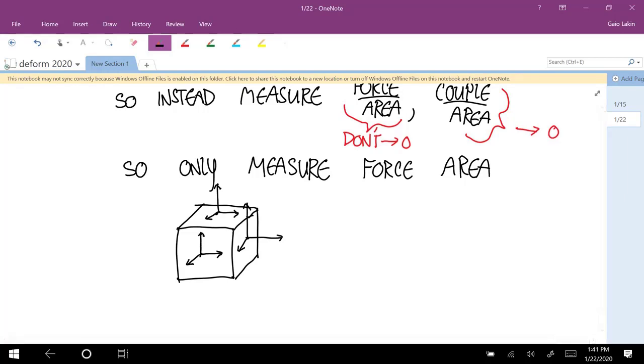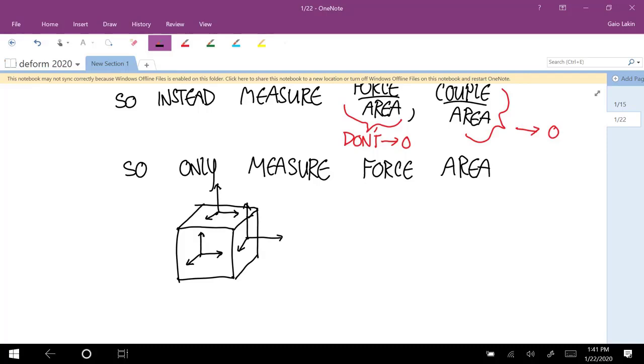So now that we've gotten rid of all the couple stuff, and by the way, the reason the couple per area goes away is because the force per area approaches something finite, but then to calculate the couple, it has to do with the length, the distance the forces are apart, and that's also shrinking. So this has another order of size that's shrinking as the size goes to 0.